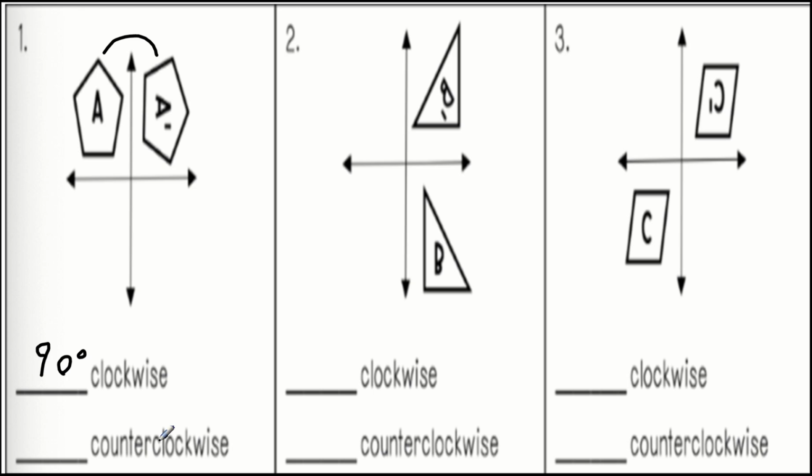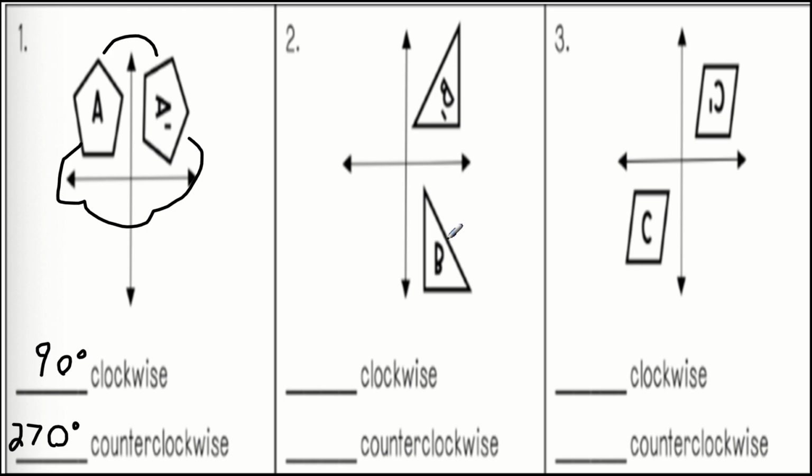We could also get to the exact same spot by going counterclockwise. If we went counterclockwise, we'd have 1, 2, 3 turns, so 3 turns would be 270. So 90 degrees clockwise and 270 degrees counterclockwise are the same thing, really.